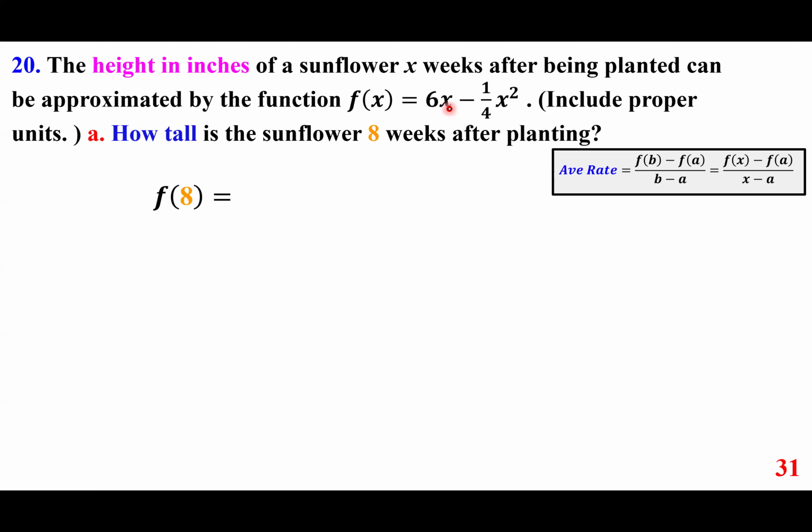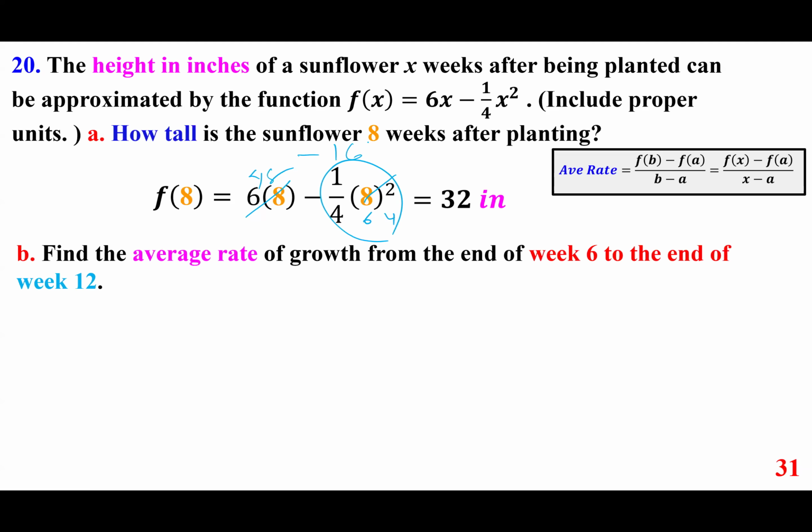I get 6 times 8 minus 1/4 times 8 squared. This is 48. This is 64. 1/4 of it is 16, so 48 minus 16, and we get 32 inches.